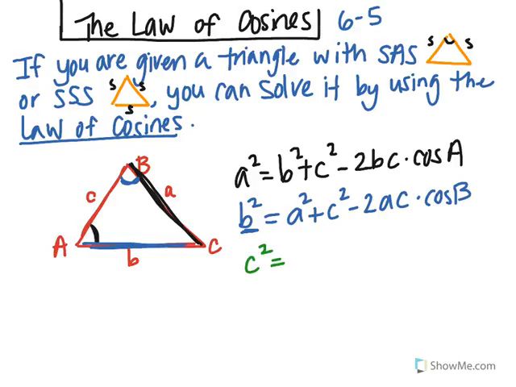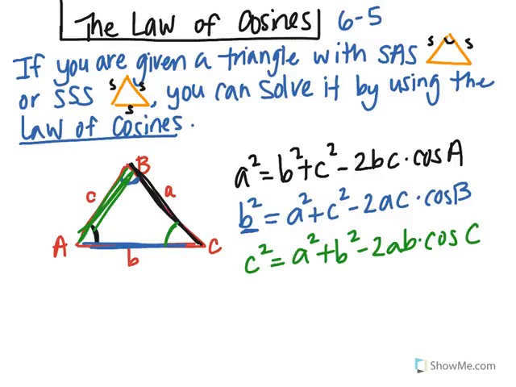Side c squared is going to be a squared plus b squared, the other two sides squared, minus twice ab times, since we're finding side c, we use angle C in the formula, the cosine of angle C.